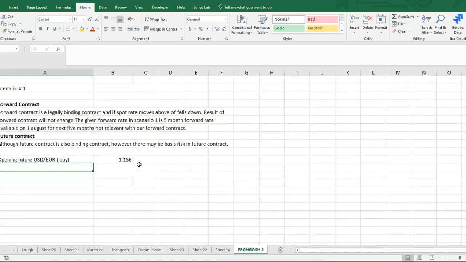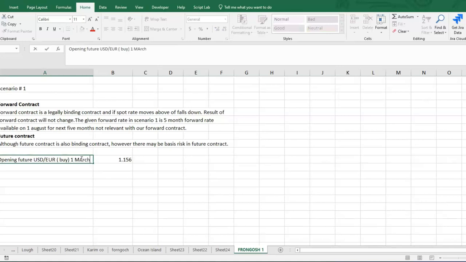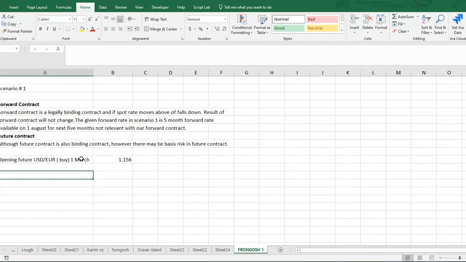Now, when we have taken this position on 1st March, now on 1st August, same September contract future rate is available. That would be closing future, USD over euro.